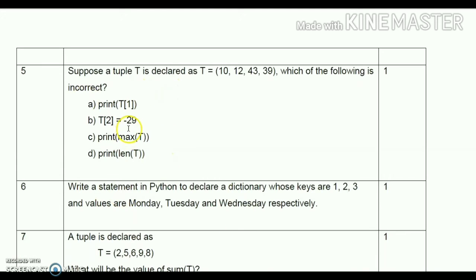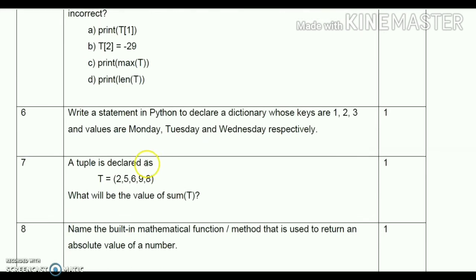We can't change the value. Mutable means we can change the value. Immutable means we cannot change the value. So this one is an invalid, or incorrect, statement.